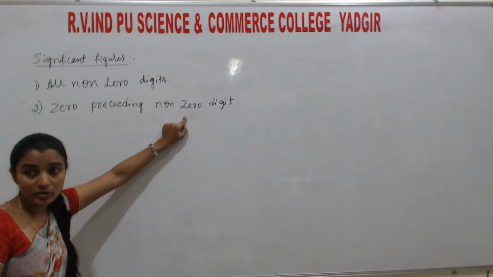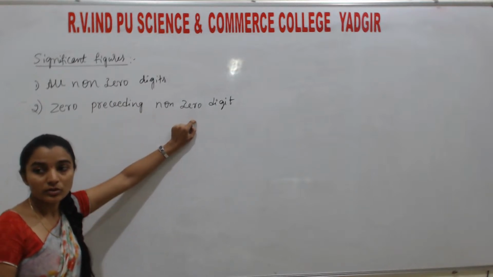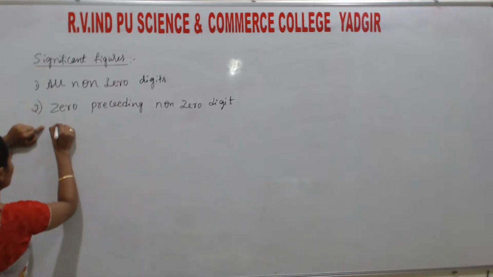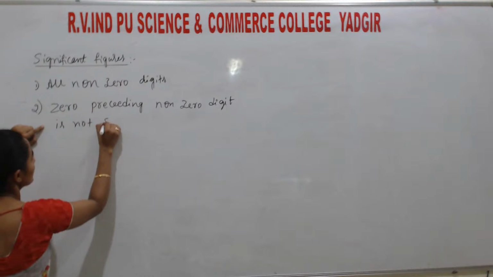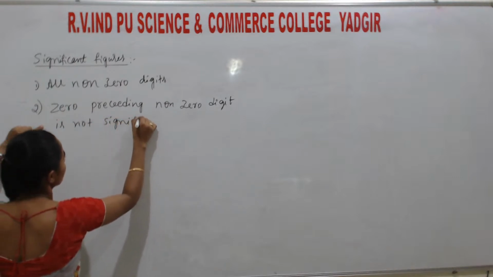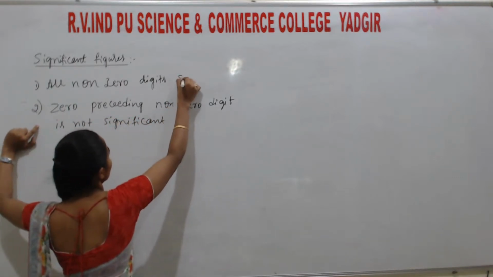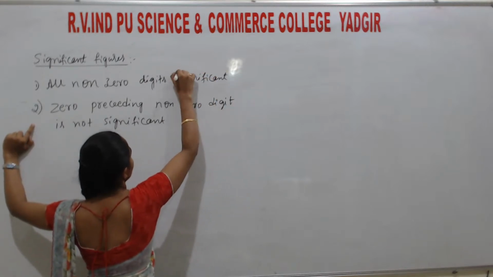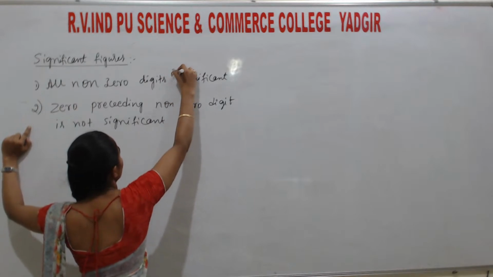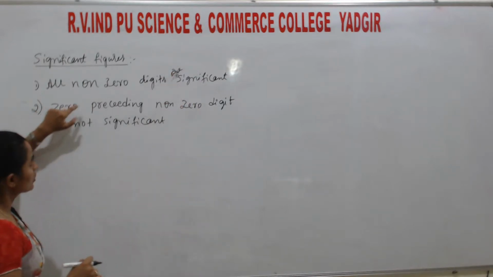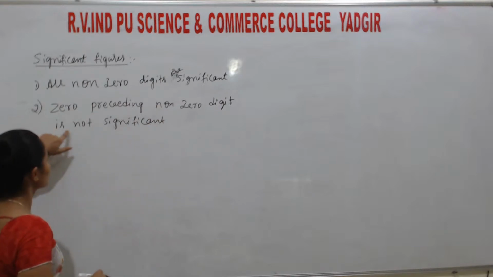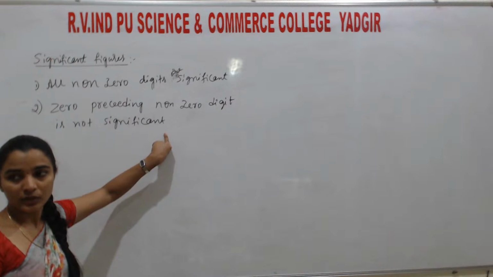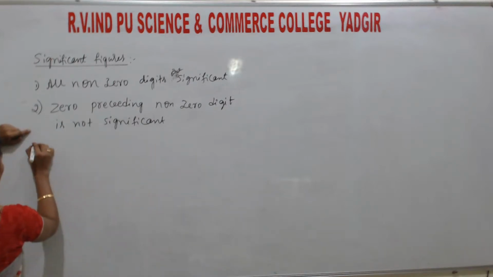Zeros preceding a non-zero digit are not significant. Later I will give an example.